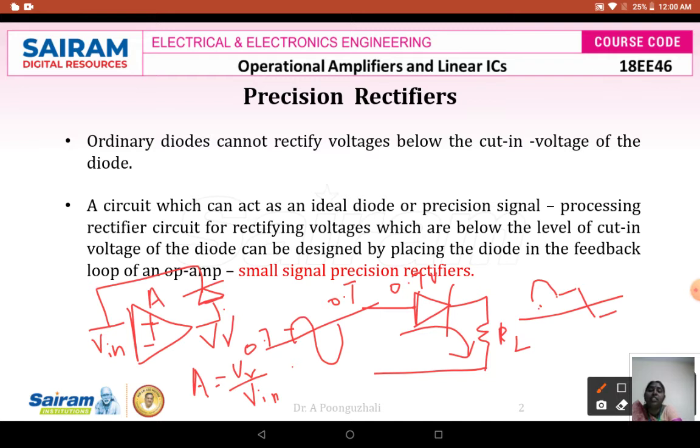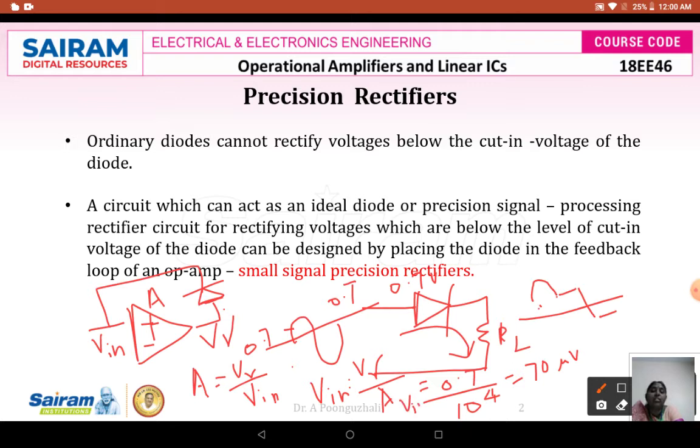So V in is nothing but V gamma by A, where the cut-in voltage is 0.7 volts and the open loop voltage gain is around 10 power 4. Substituting, 0.7 by 10 power 4 is around 70 microvolts.